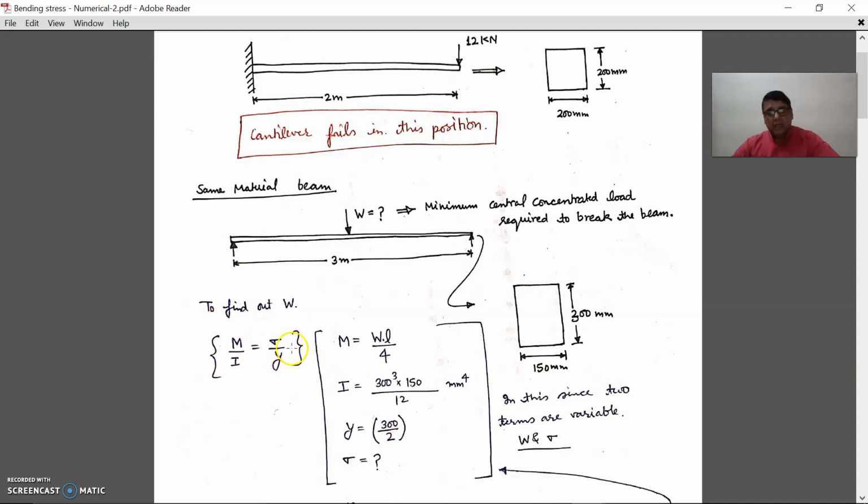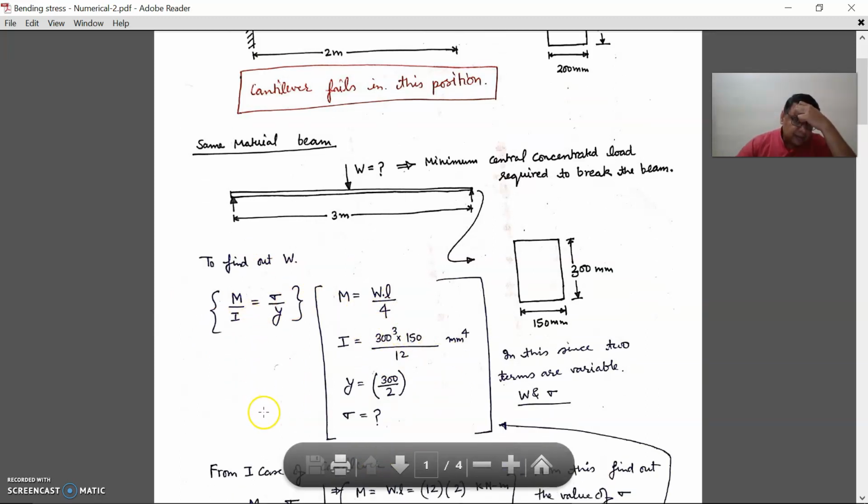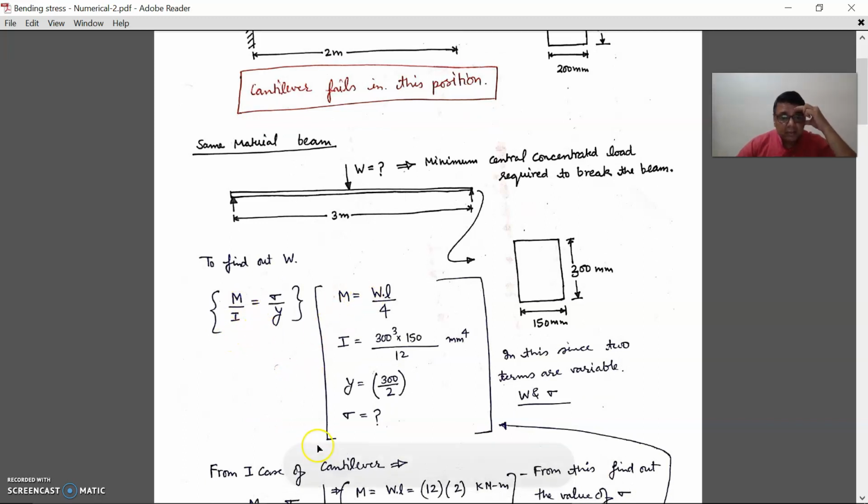Now if I put all these 4 values into this expression, the problem is I do not know sigma, so I cannot calculate the value of W which he is asking, right? So you should know the value of sigma before calculation of W. Now how to get sigma, that is the question.